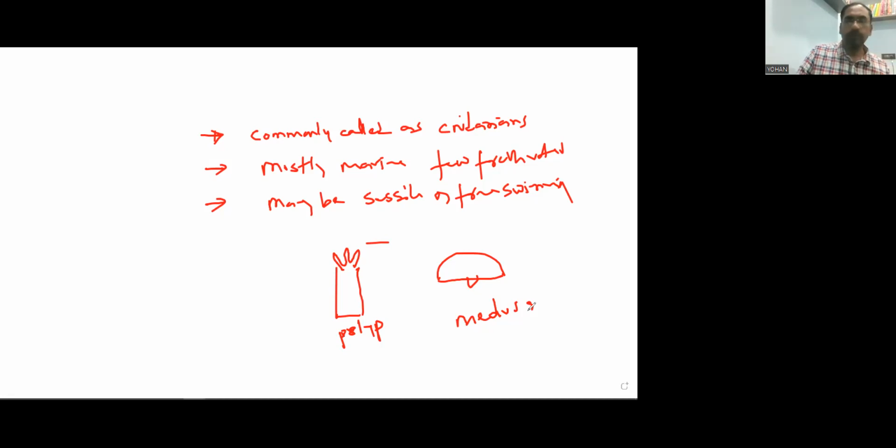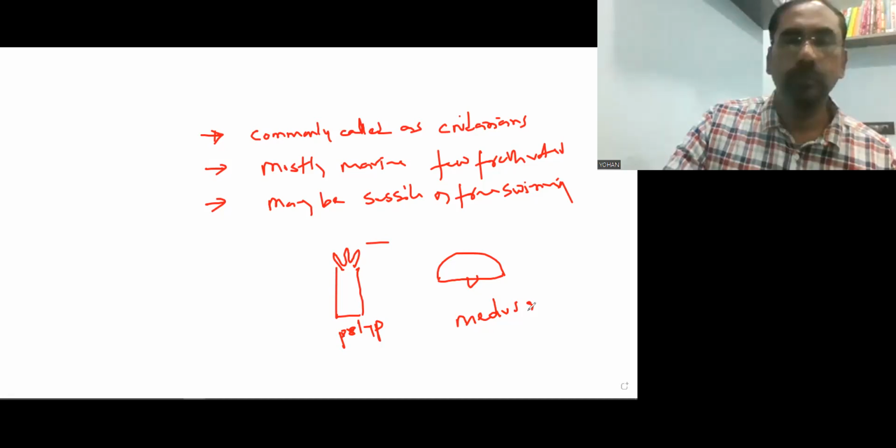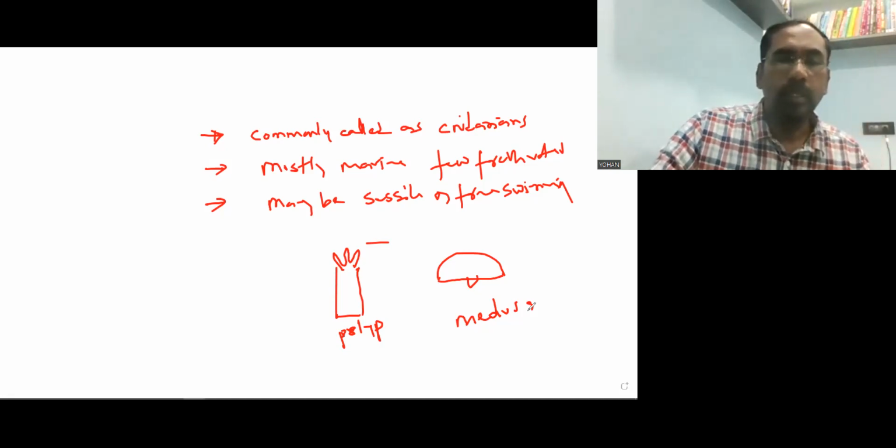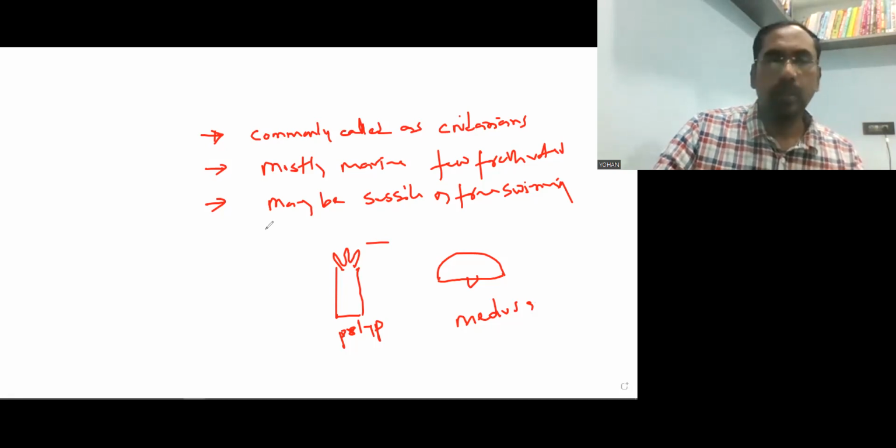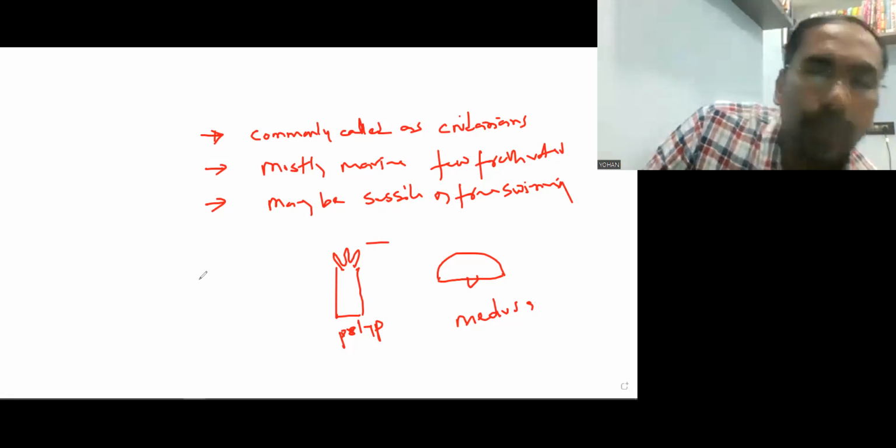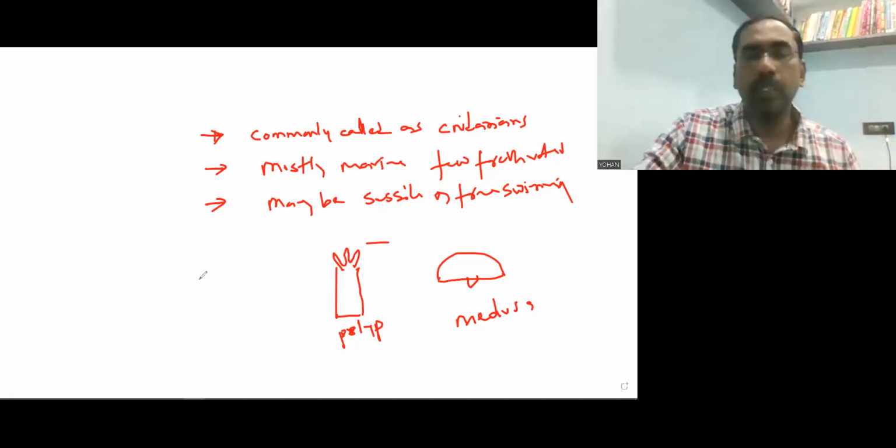Polyp and medusa. Polyp is cylindrical shape, whereas medusa is umbrella shape.